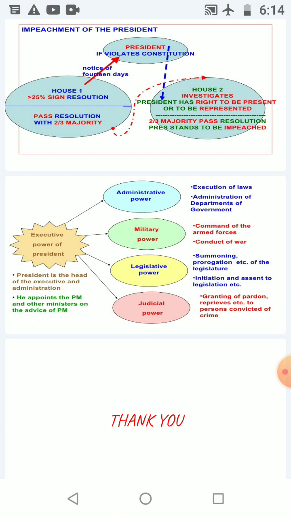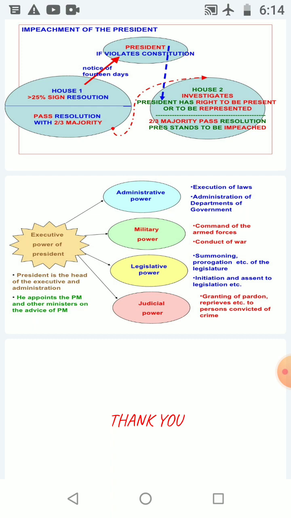The president has the power to grant pardon or reduce the sentence awarded to a criminal. He has the financial powers also. The president has full control over the contingency fund, and he can spend it according to his sweet will.